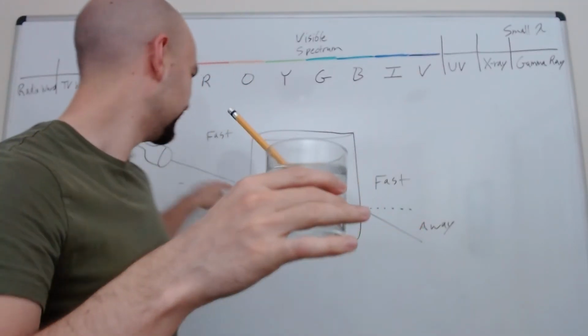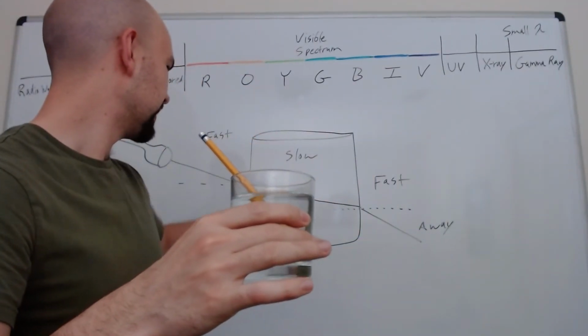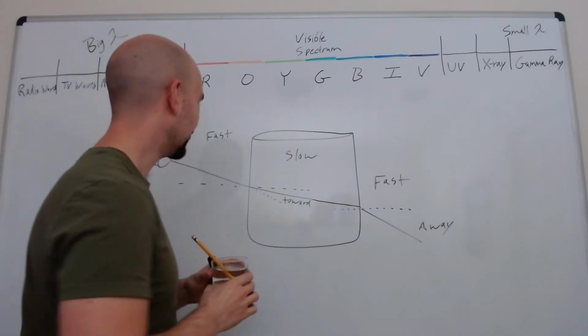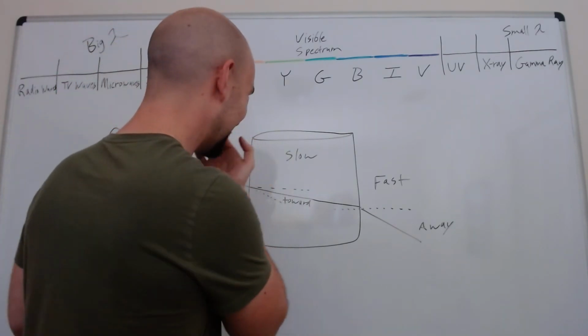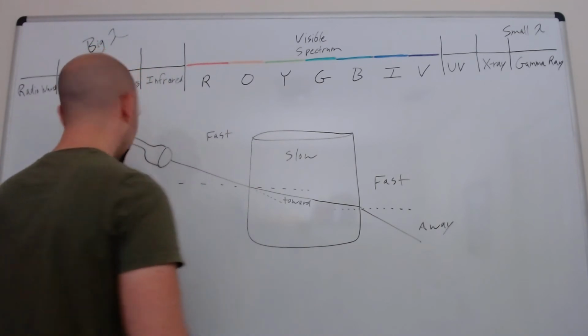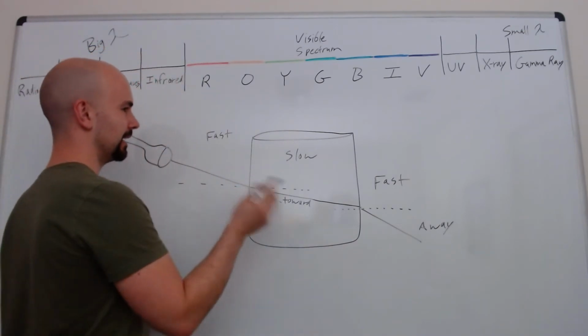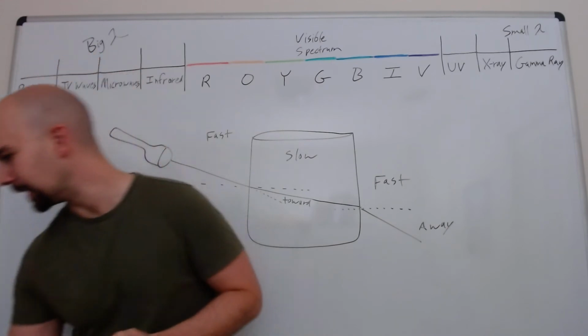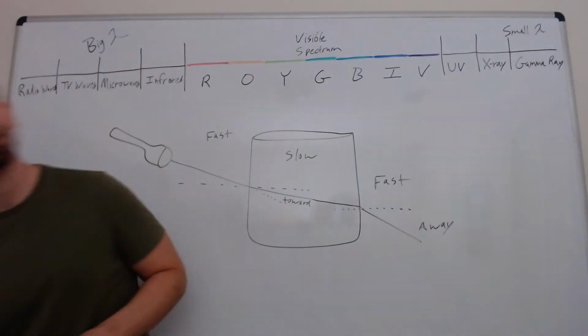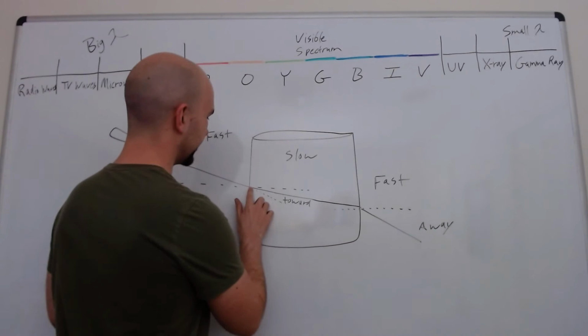It's bending this way toward a perpendicular line, and so what I have represented here is basically a picture that you have on page 380, but I added a little bit of information just to make it clearer.